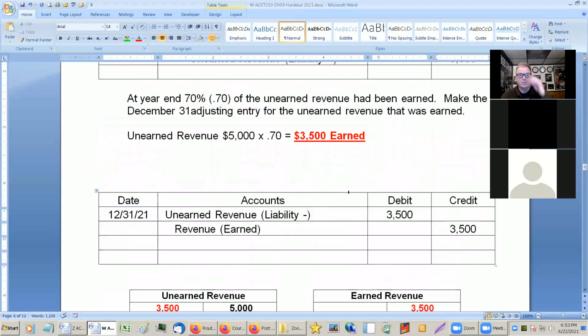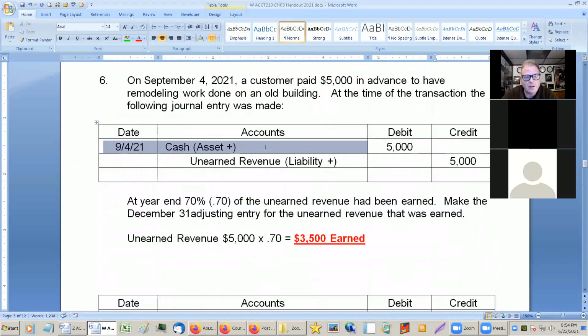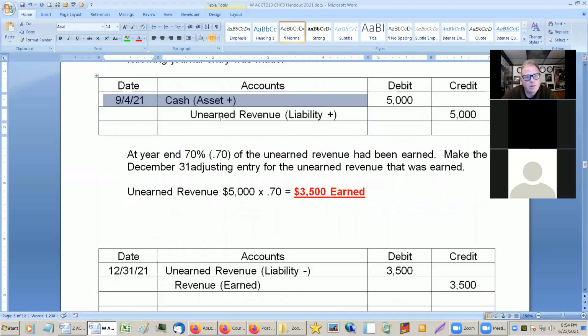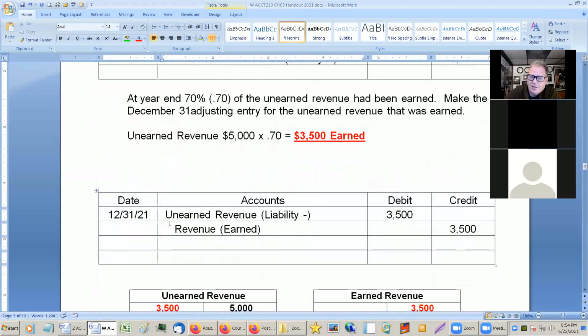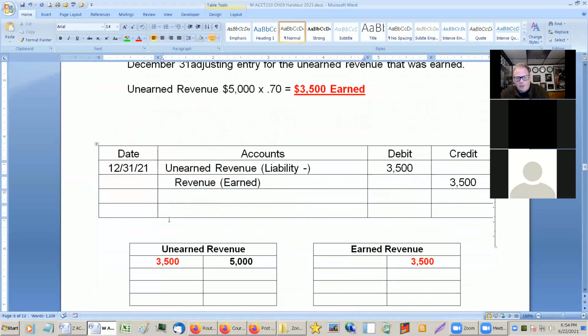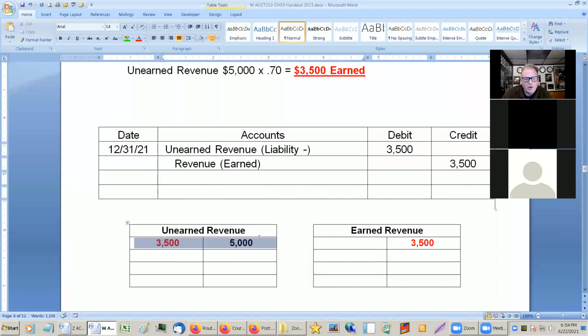Again, no cash. The cash changed hands on September 4th. They aren't paying us anymore at year end. So it's just the liability is going down, revenue is going up. And our unearned revenue would be 1,500. So this would be what would be left over that they still have to earn.